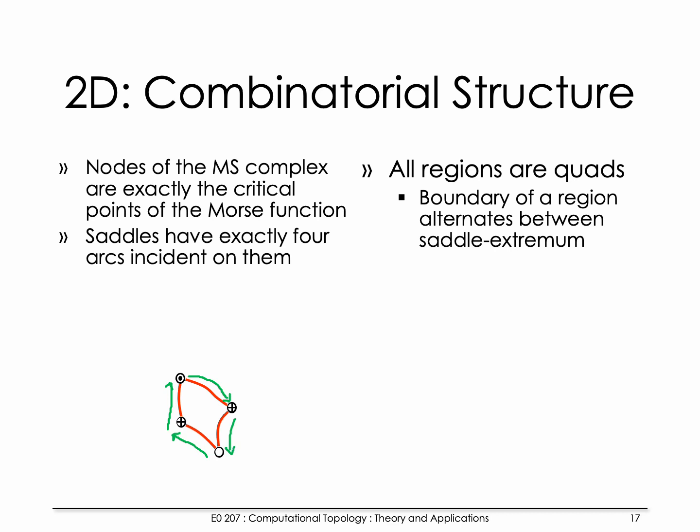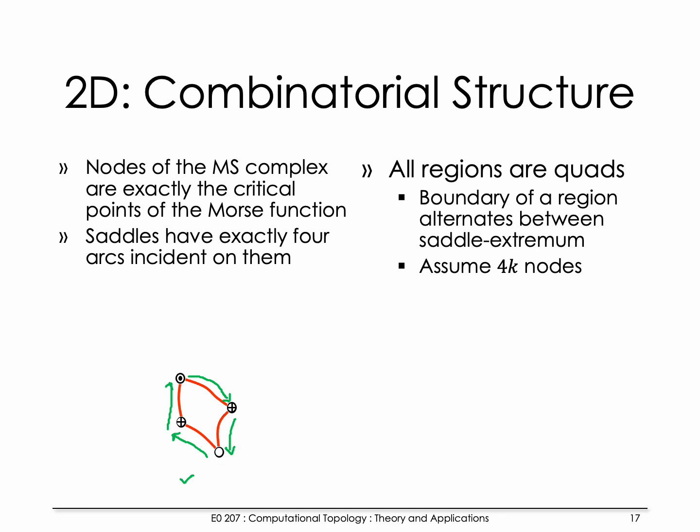So we know that the boundary of any two-dimensional cell alternates between saddles and extrema, right? But this is a very special case. What you see here in the lower picture is a very special case where this alternation happens only once. So in general, this can happen multiple times.